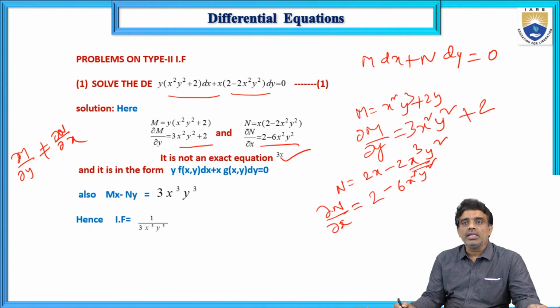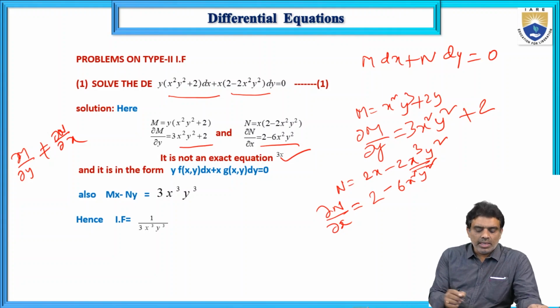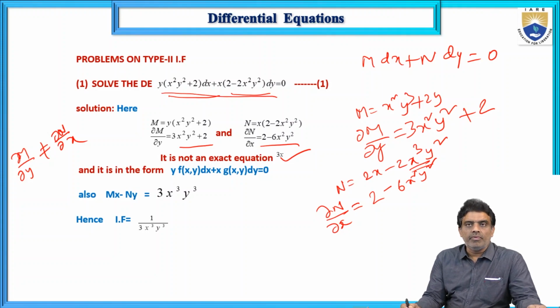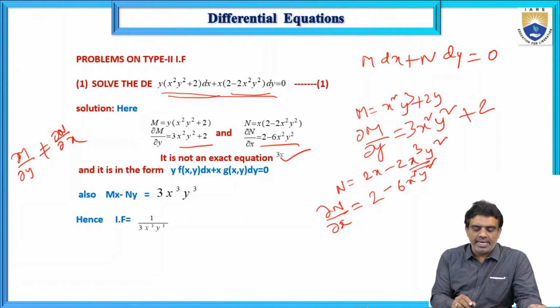Since it is not an exact equation, what to do? We have to go for the integrating factor to make it exact. Moreover, you can observe that the given equation is in the form y f(xy) dx plus x g(xy) dy equals 0. Also I am going to check the Mx minus Ny value.